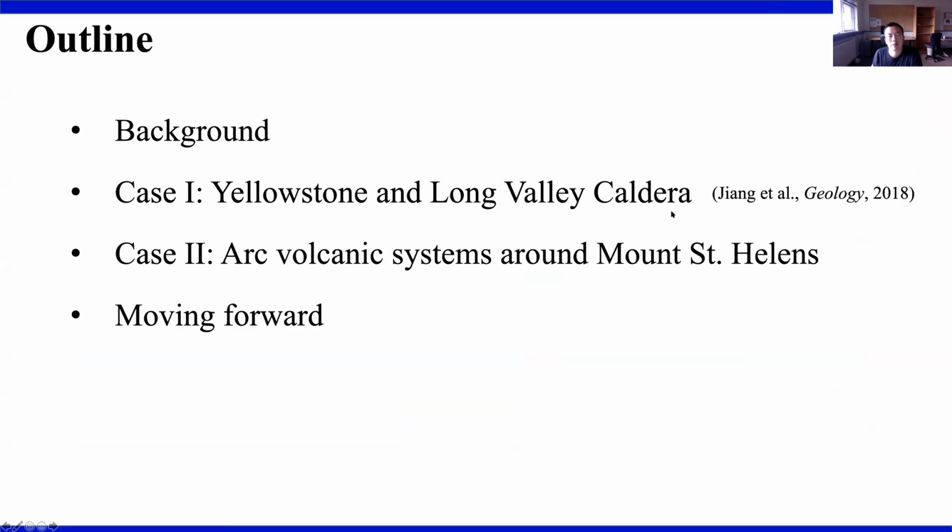For your reference, this study was published in 2018. Then I'll move to the second case, the arc volcanic systems around Mount St. Helens. These are all brand new results; I just got them about several weeks ago, so hopefully I can also get some feedback from you. Lastly, I want to use one or two slides to show where I am moving next.